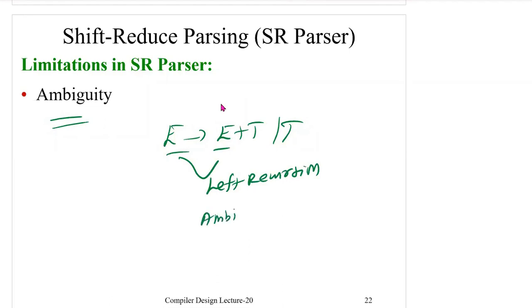That is actually an ambiguous grammar. Therefore, ambiguity is one of the limitations in the shift reduce parser. Whereas in a top-down predictive parser, the grammar does not contain left recursion, does not contain ambiguity, the grammar should be left factored, and backtracking is also not allowed.